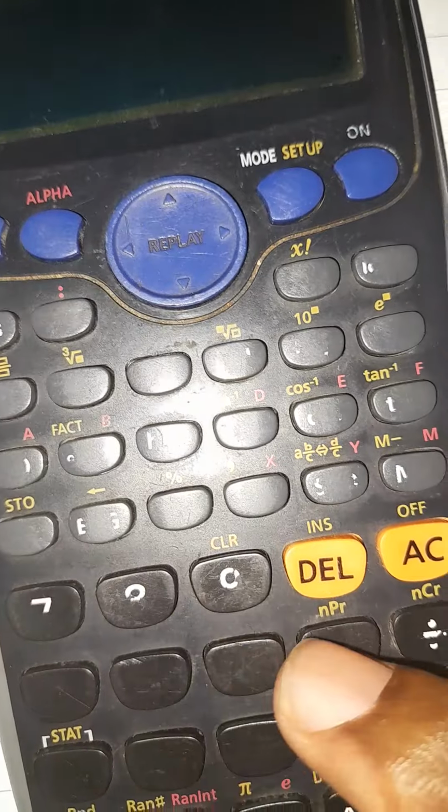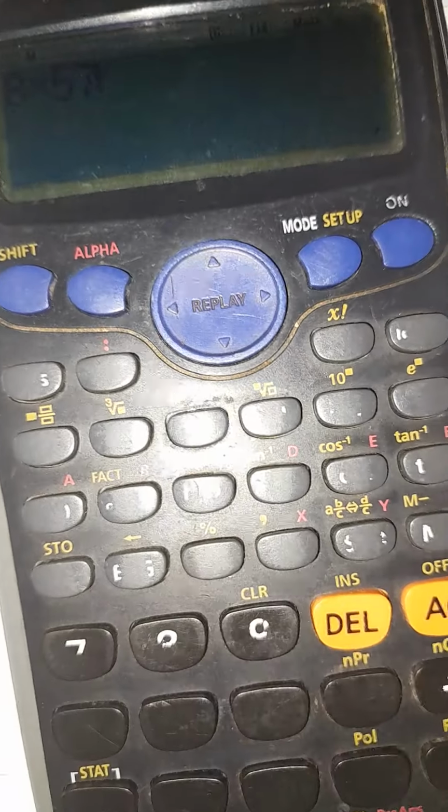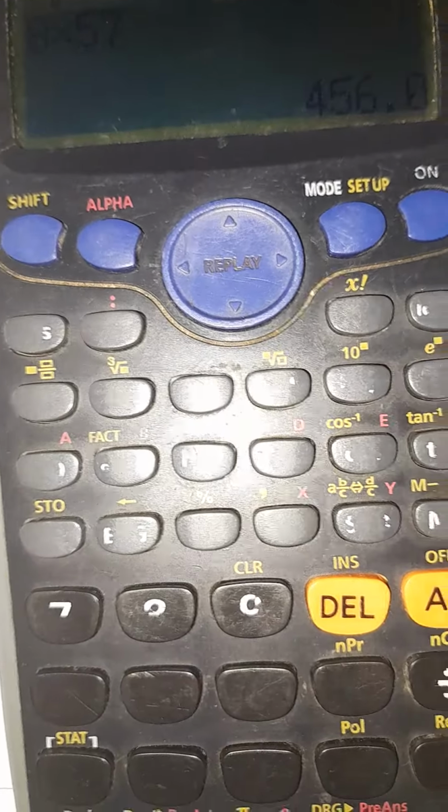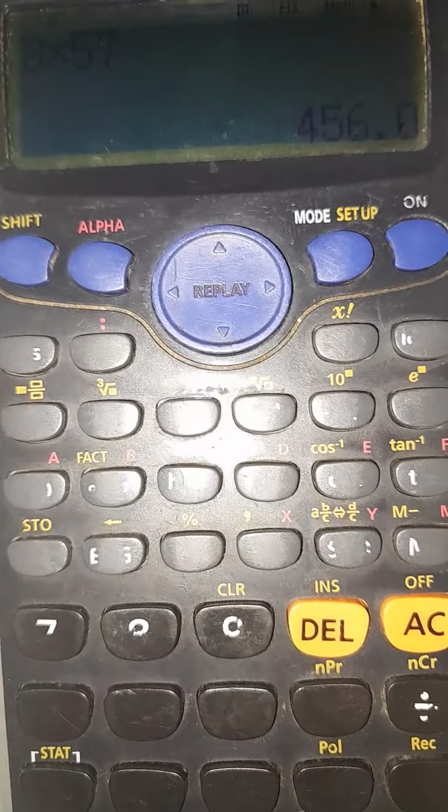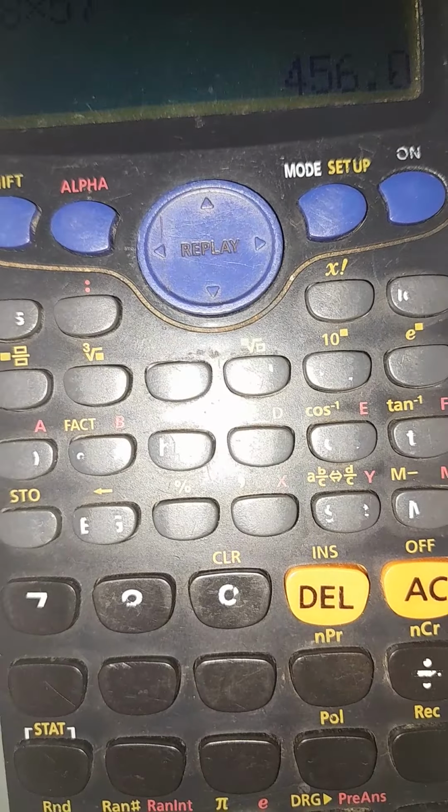So how can we work that out? I have to think about the factors. Let's think about 8 times 57. That is 456, which is closer to 512.